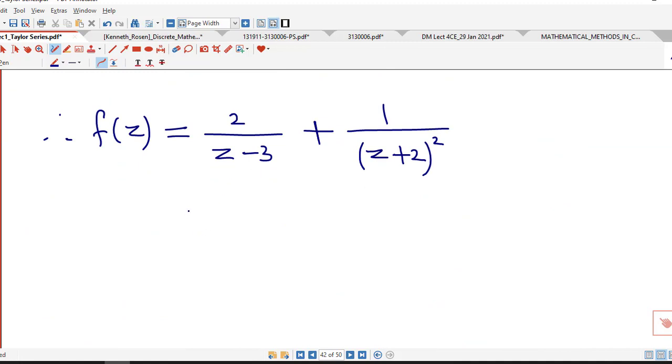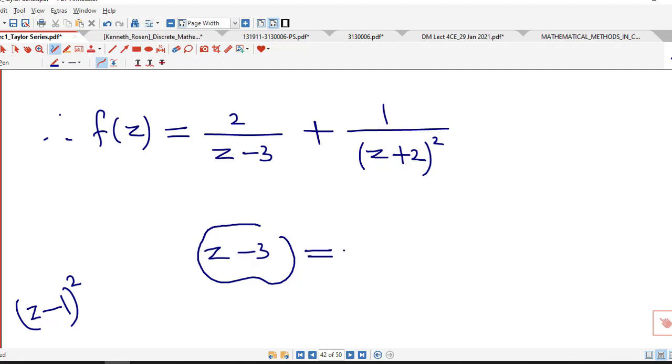Now we try to represent these terms. We require Taylor series expansion with center z0 equal to 1. So we require Taylor series expansion in powers of z minus 1. So we have to represent these two in terms of z minus 1 first.